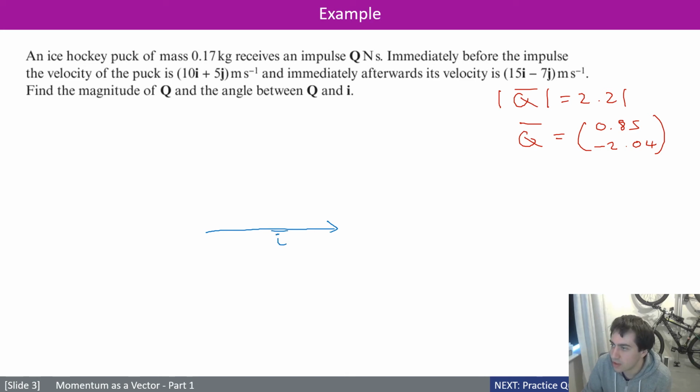That's our I. And q, we want to make sure we draw that in the correct place relative to the I. So it's got positive on the x and negative on the y. So we know that it's going to be doing something a bit like this. Okay, something like that. That's q.